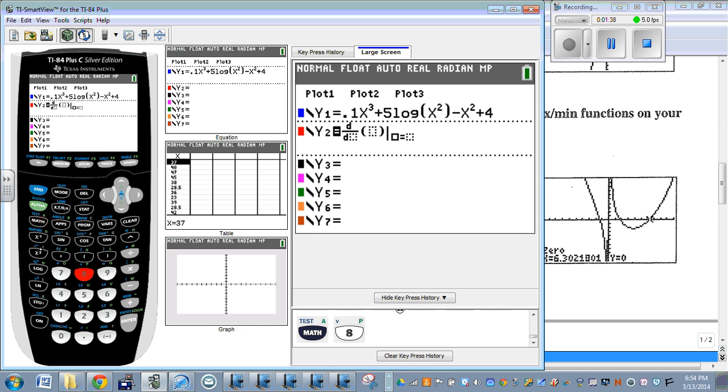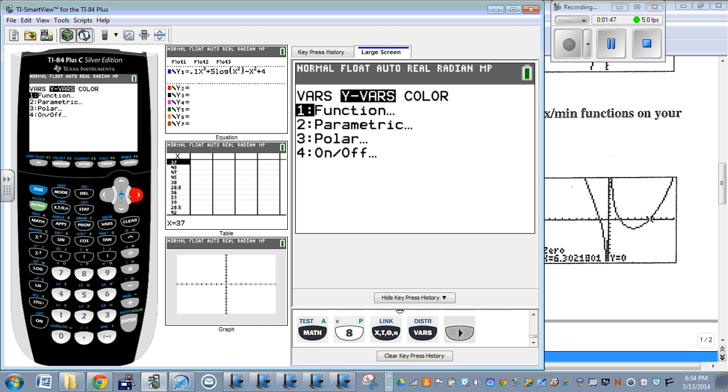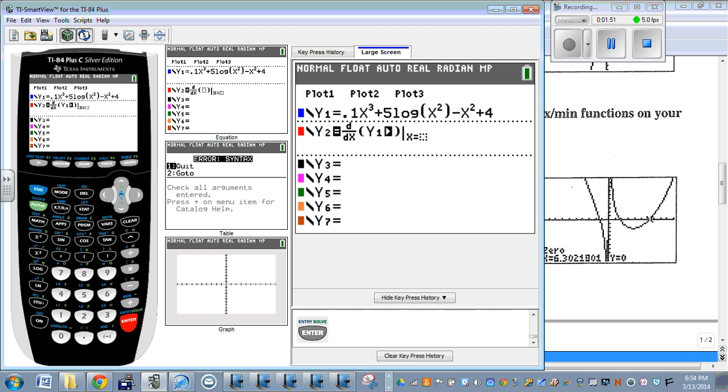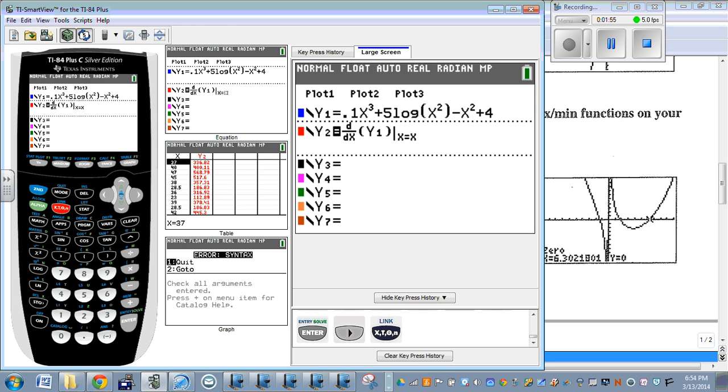We're going to do math 8. We're going to do the derivative in terms of x of this whole thing. So for y sub 1, I'm going to do vars, y vars, and y sub 1. And we're doing that in terms of x. So now with that equal sign up here, it's no longer highlighted.